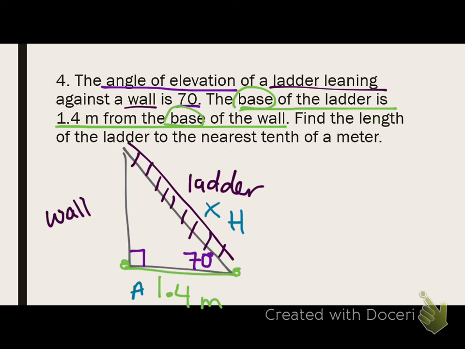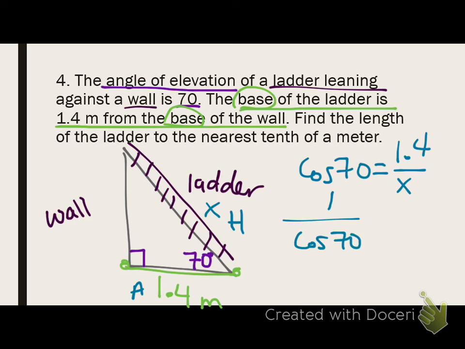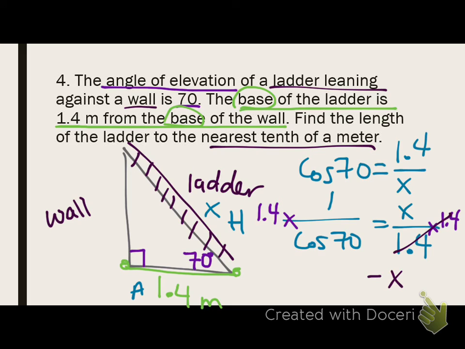So cosine of 70 equals the adjacent over the hypotenuse. Do we need to flip it? Yes. We do. Flip it, then multiply by 1.4. We're going to round to the nearest tenth of a meter.